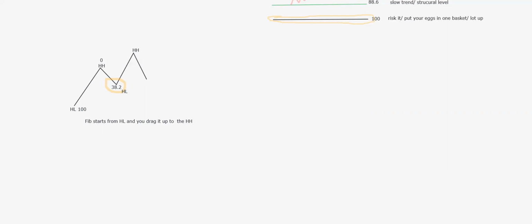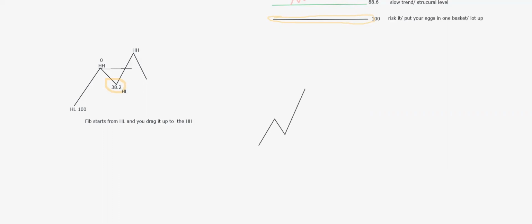Right, this was the low that broke this high in this example. But you might see situations, guys, where it looks like this. Okay, let's do it like this. Boom.